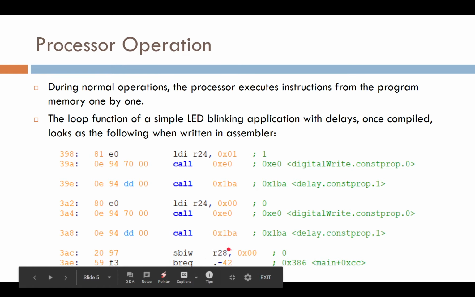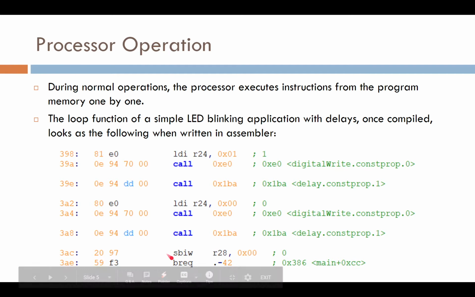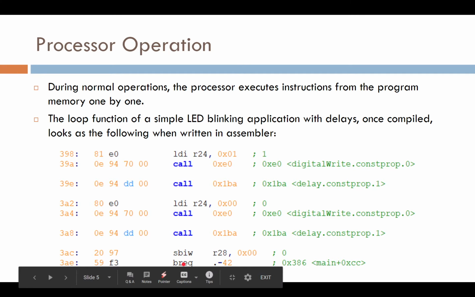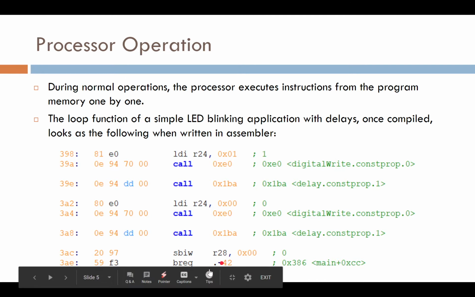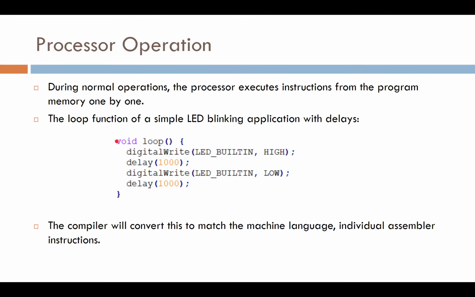So if that register is 0, this command sets the equal flag on the register, then it jumps 42 points back on the commands, which means it jumps back to the main, which completes the loop. So basically here we had the branching back to the loop, and that continues the execution.